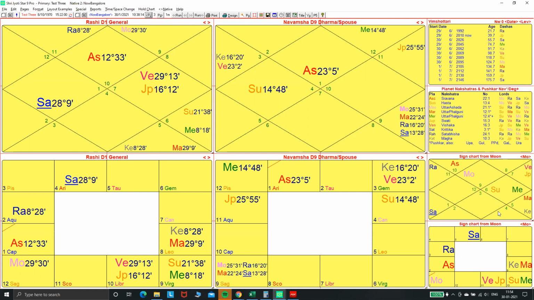And Rahu is aspected by Jupiter, so Rahu gets tempered by that glance of Jupiter. So he's not all that bad. Typically people would say Rahu Dasha, he's in the second house, I will lose money, I will lose everything in life, wealth will go away, family will be lost.